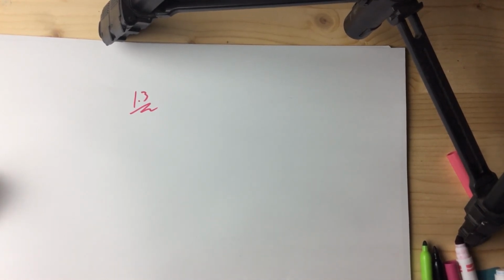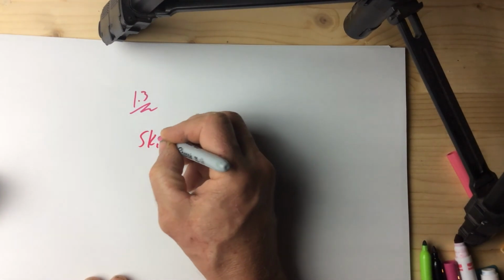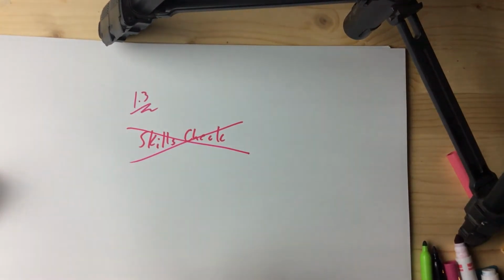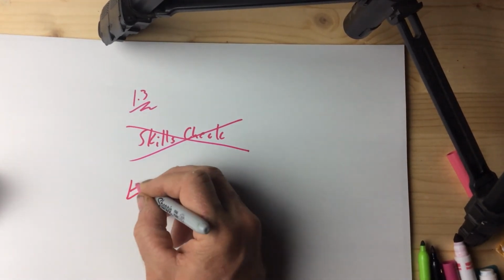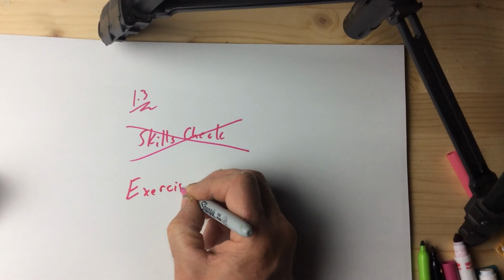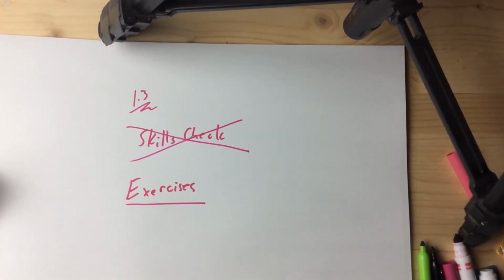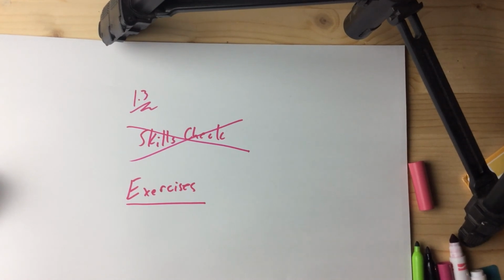So now, in the e-book, there are some problems. There is the skills check. I don't assign those. We don't do the skills check. I assign the exercises. Now, the problem with some of these exercises is you have to draw pictures, and you have to just figure some things out.